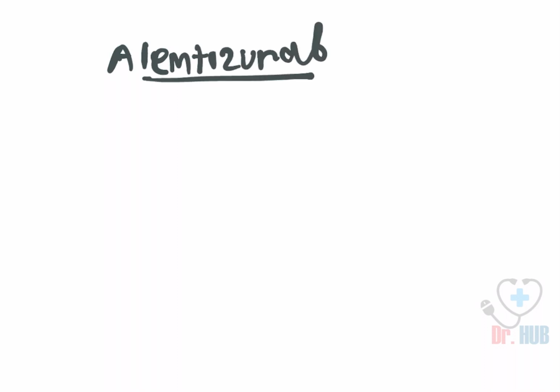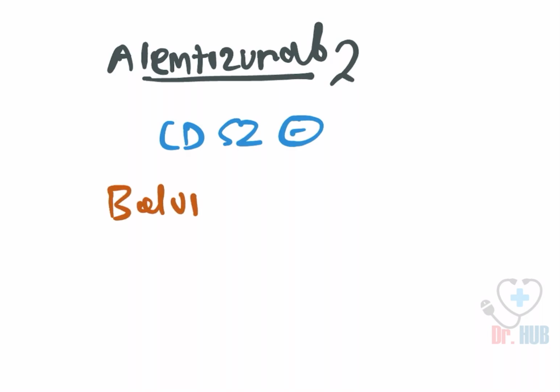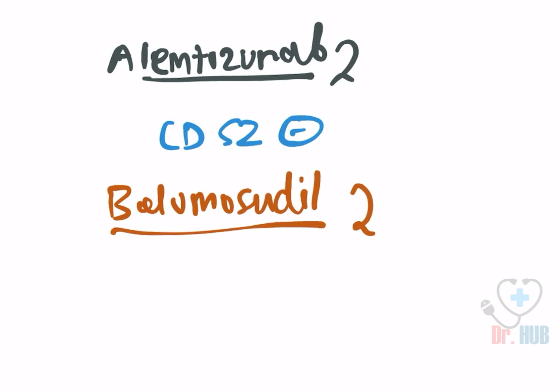So alimetuzumab, it is nothing but a CD52 inhibitor, and then we look at the belumosudil. So this belumosudil, it is a Rho kinase inhibitor.